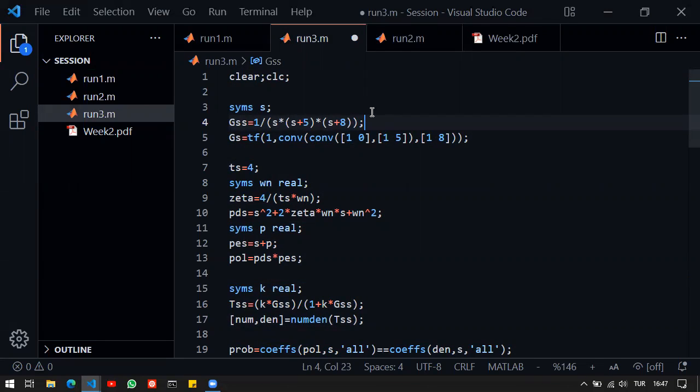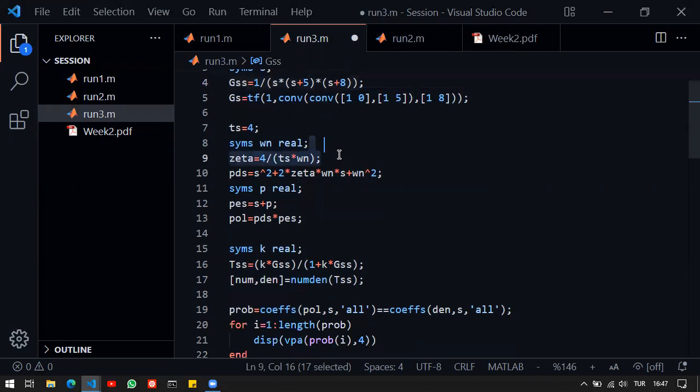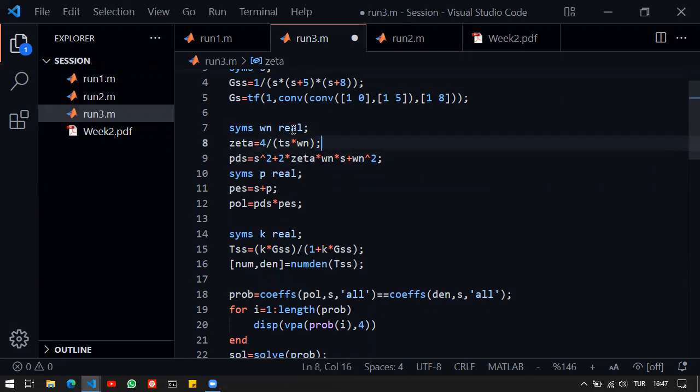Now, our design requirement here is basically, instead of using 4 divided by Ts times omega n, instead of providing you with a settling time, we have just zeta equals 1. And that's the only change that I'm going to apply to this code, because that's only what I have to do.